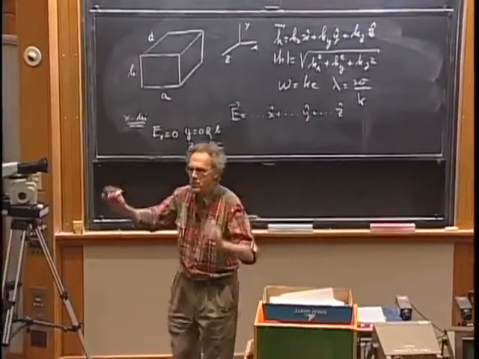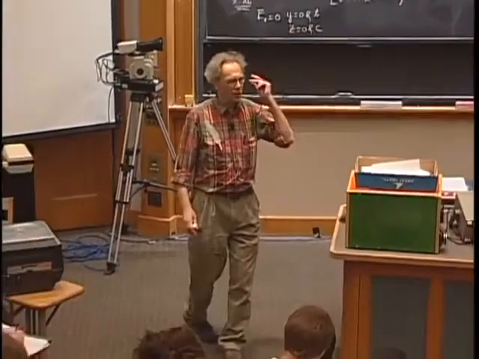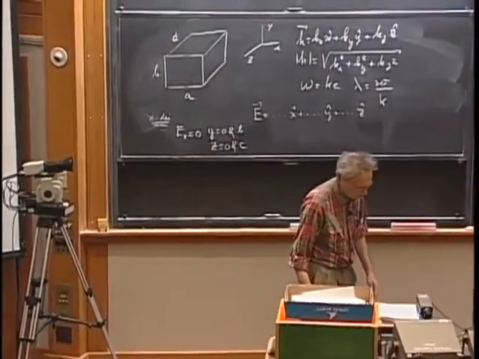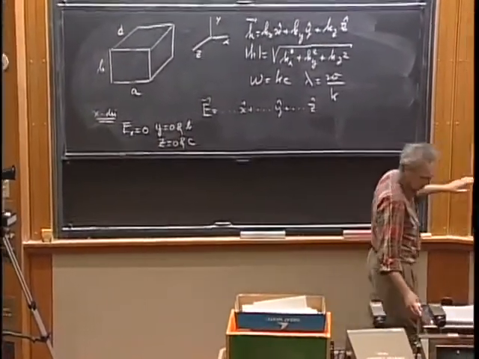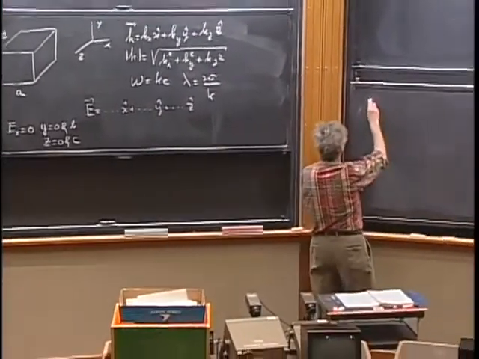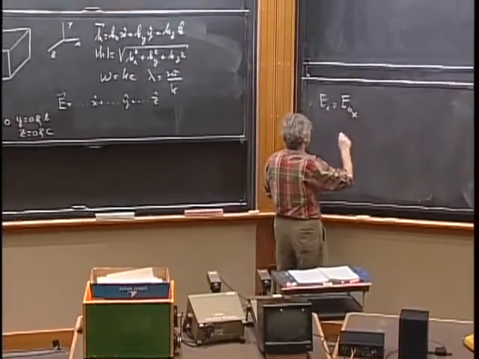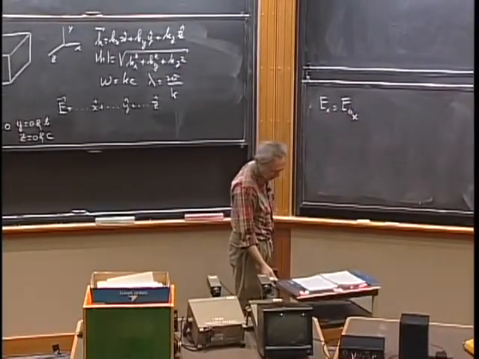And we are so experienced now that we can write down just like that the solution for that component E of x. And that solution must have this form. You can test yourself whether you would have come up with something similar. So this is only the component now in the x direction.